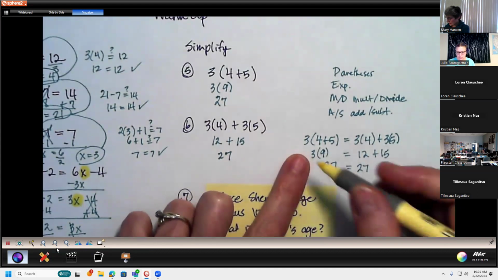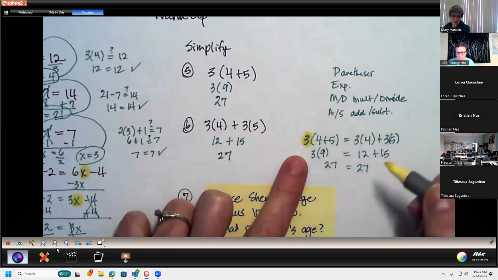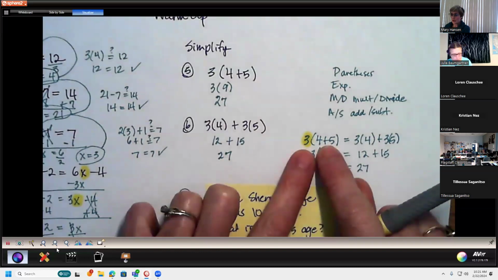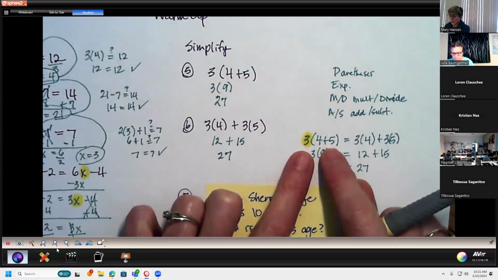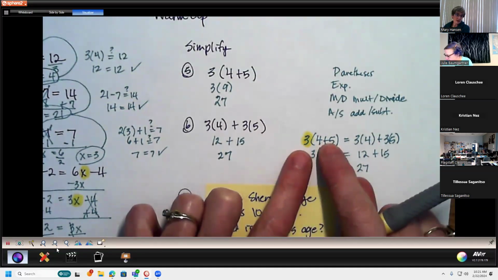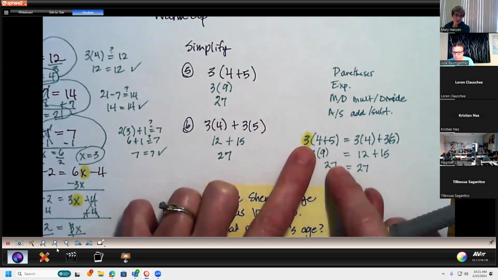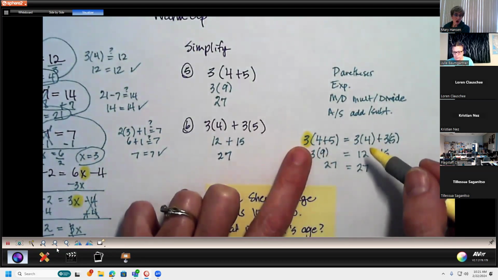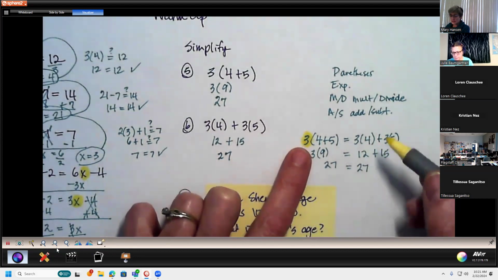And that is, if I have the number 3, or a number, being multiplied by a quantity, order of operations says I add first and then I multiply. But you can also do this problem a different way.